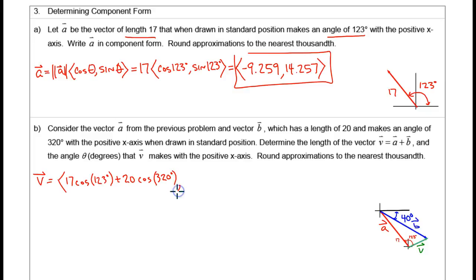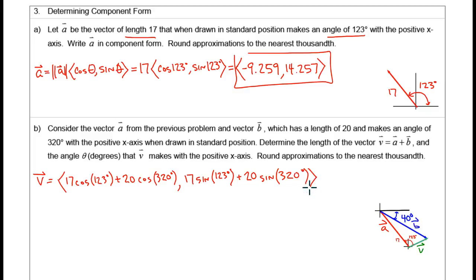So that's the sum of the two horizontal components. Now I have to add to that the vertical components. For vector A, that's 17 times the sine of 123 degrees. And for vector B, that's 20 times the sine of 320 degrees.